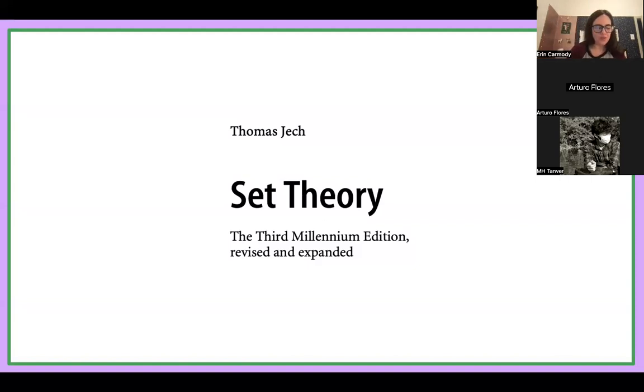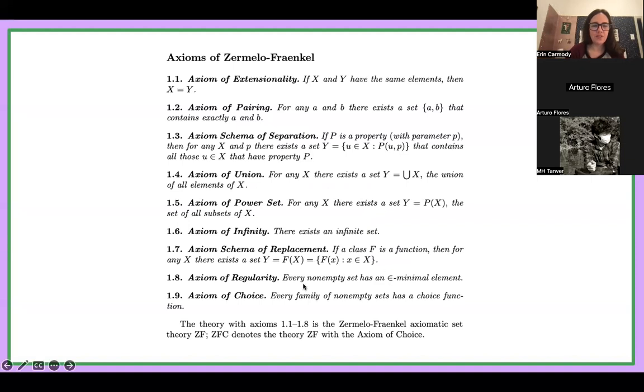So I just screenshotted the axioms from Wikipedia, and that cumulative hierarchy that I showed you models all these axioms. It has an infinite set. For every set there's a power set. In general, these are the ZFC axioms. And if you have something that models all of this, it's a model of mathematics or a model of set theory. And so we're interested in what the axioms are and what kinds of things model them.